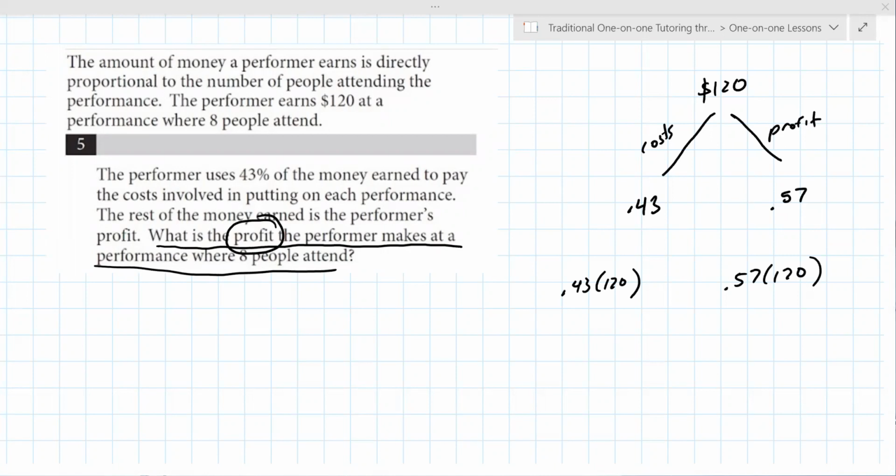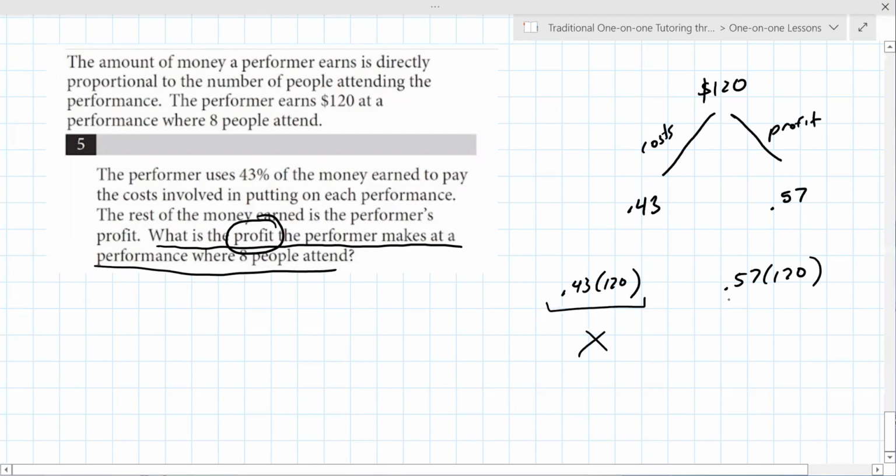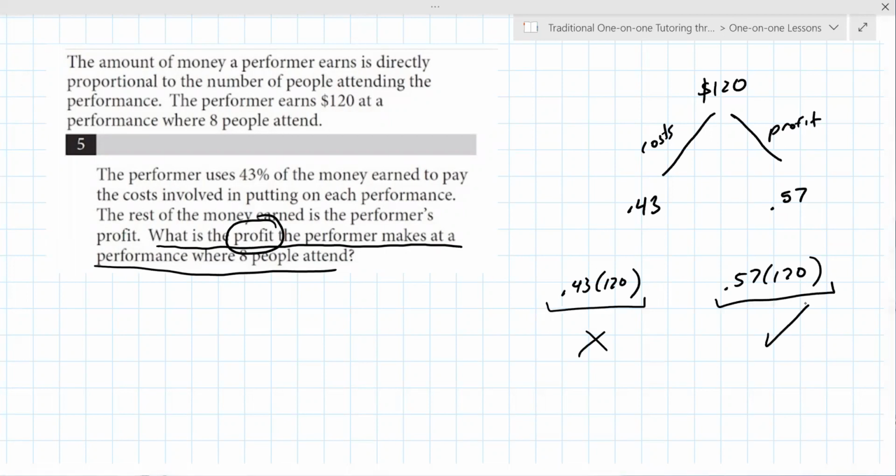Point 4. Oh my gosh. 0.43. We don't need that number though. We don't need that one. We just need the profit. $96.9.